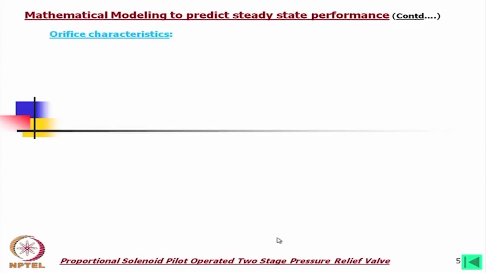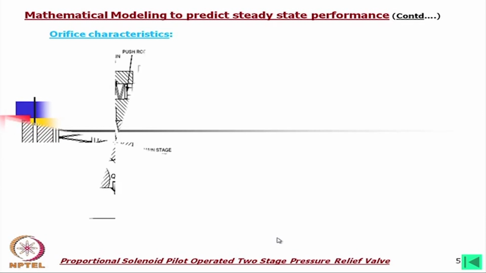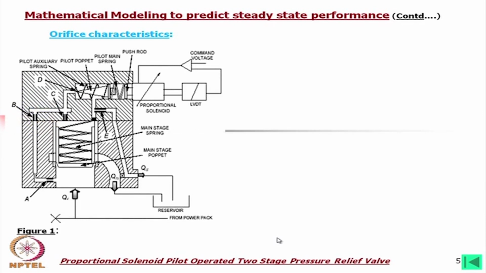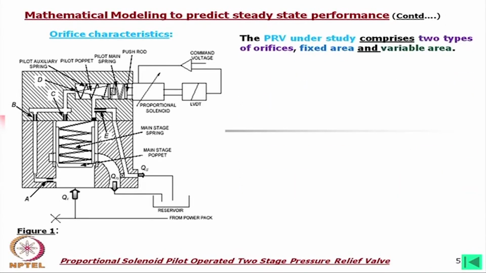Now, first of all we shall look into the orifice characteristics. Coming back to this valve, these 4 orifices A, B, C, E we should call the short tube orifices. Broadly, we can say this valve comprises 2 types of orifice.